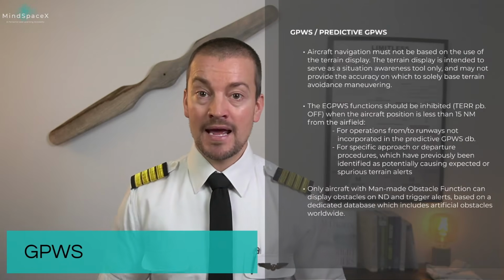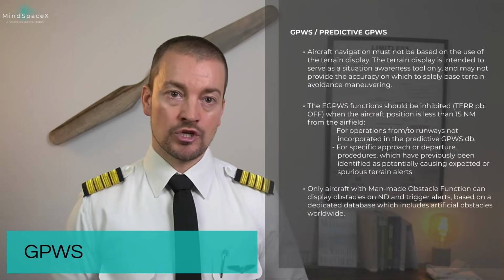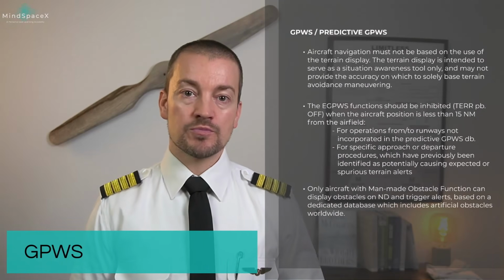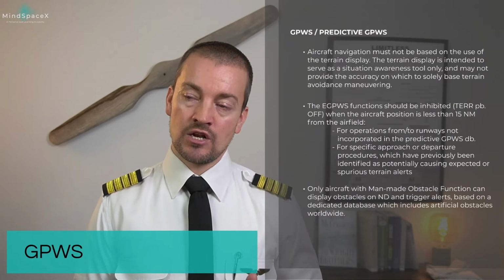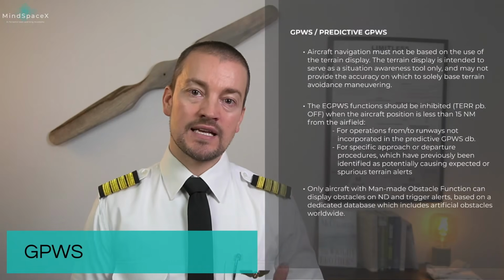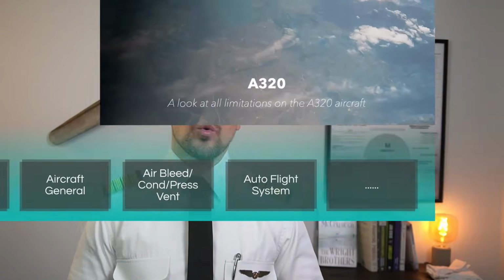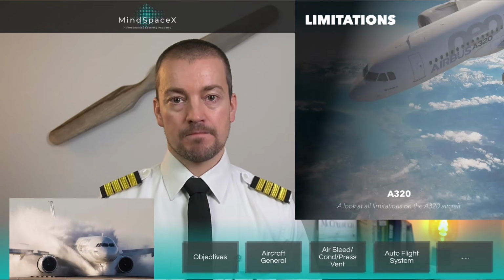Only aircraft with the man-made obstacle function, which is an additional function for the GPWS, can display obstacles on the ND and trigger alerts based on a dedicated database, which includes artificial obstacles worldwide.